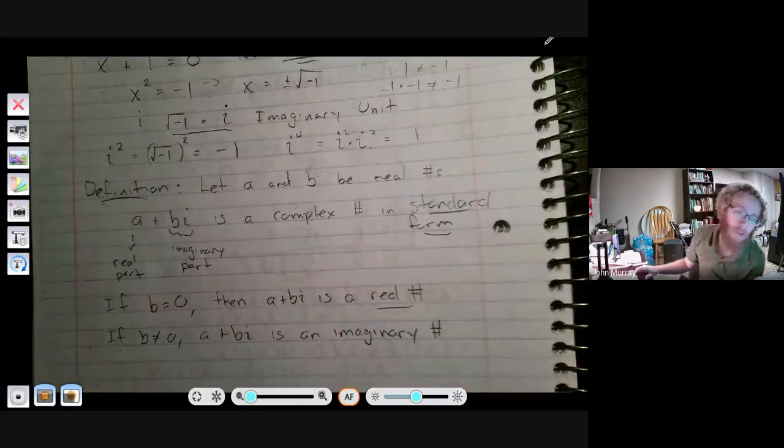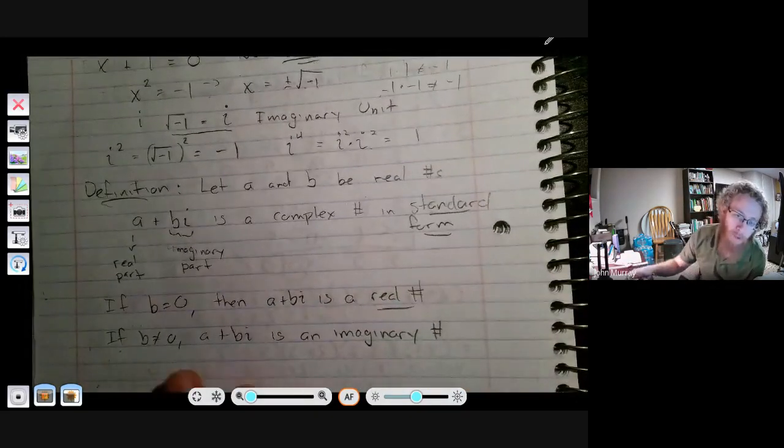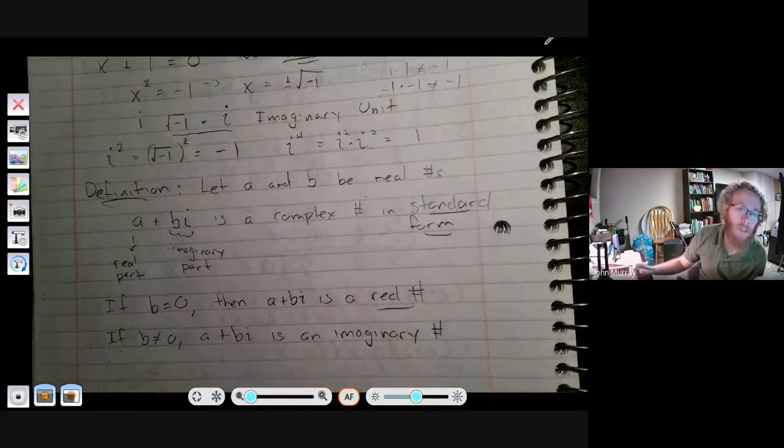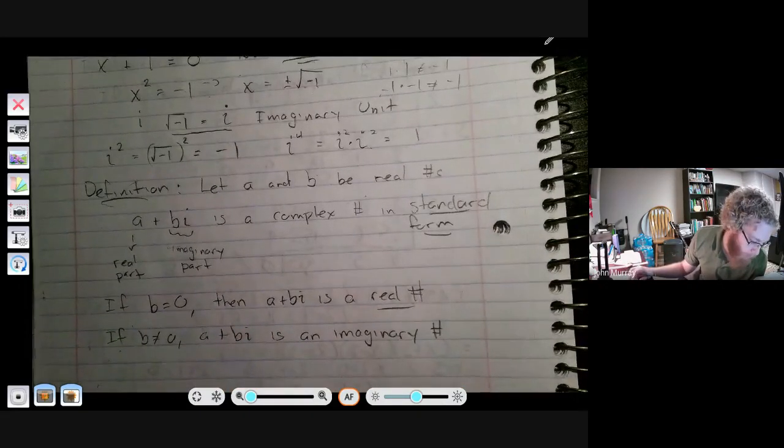Okay, if b doesn't equal 0, and we have a full expression, like 2 plus 3i, then that we call an imaginary number.